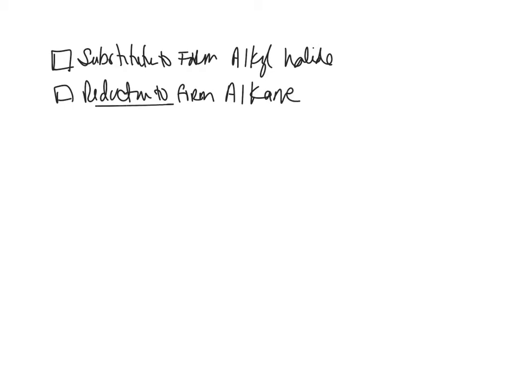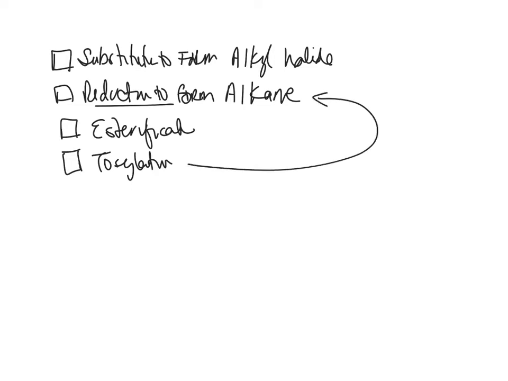We also have esterification, tosylation, and tosylation you'll see is linked with the reduction to form an alkane. You have to do tosylation first. And then there's the Williamson ether synthesis.